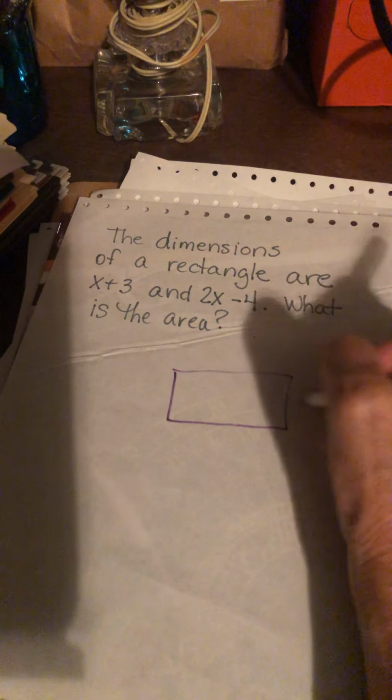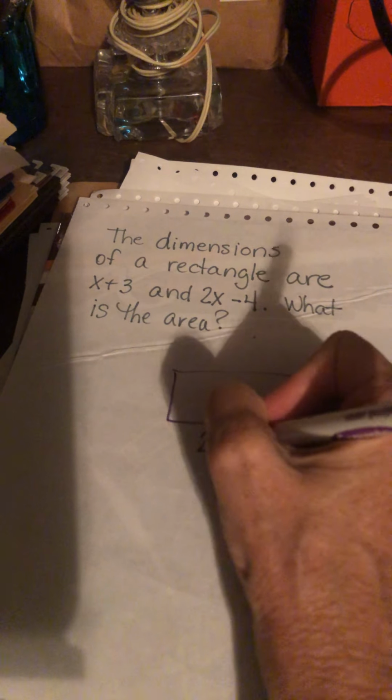Okay, last one. The dimensions of a rectangle are x plus 3 and 2x minus 4. What's the area? Okay, first thing I would do is absolutely draw a rectangle. Okay, so it says the dimensions are these. You know what? It doesn't matter if you put the x plus 3 here and the 2x minus 4 or vice versa. It doesn't matter.